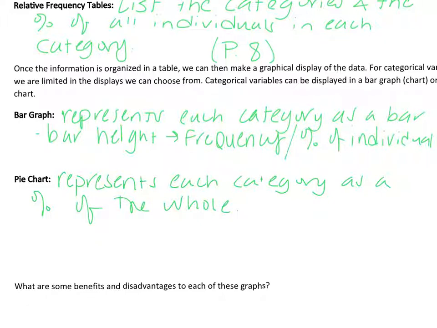It's often more complicated to create because in order to make an accurate pie chart, we would need to be worried about the size of the angles in relation to the percentage that they represent. So typically we work more often with the bar charts because they're much more flexible and they give us a good picture of what is happening.